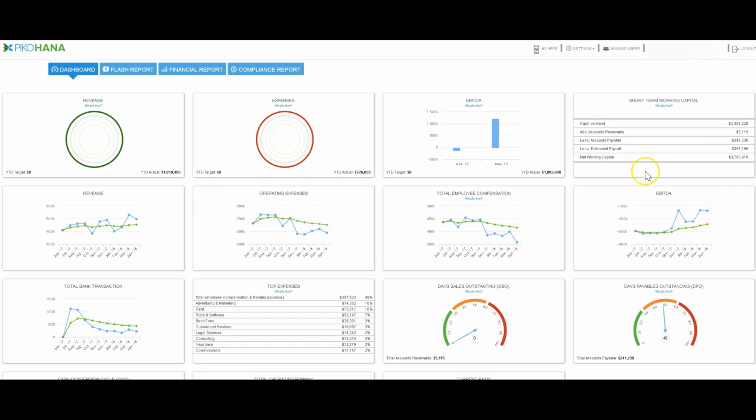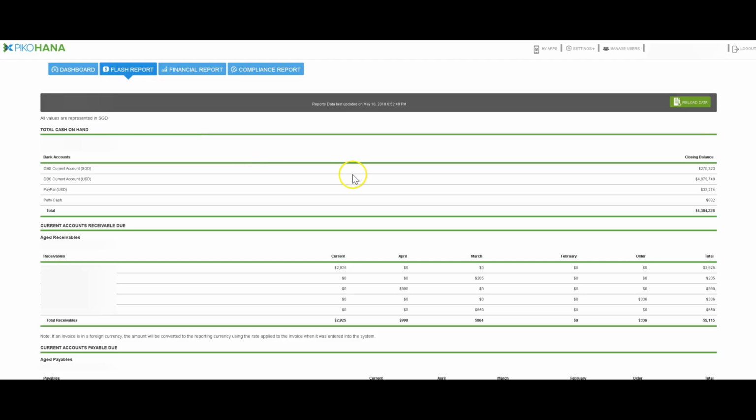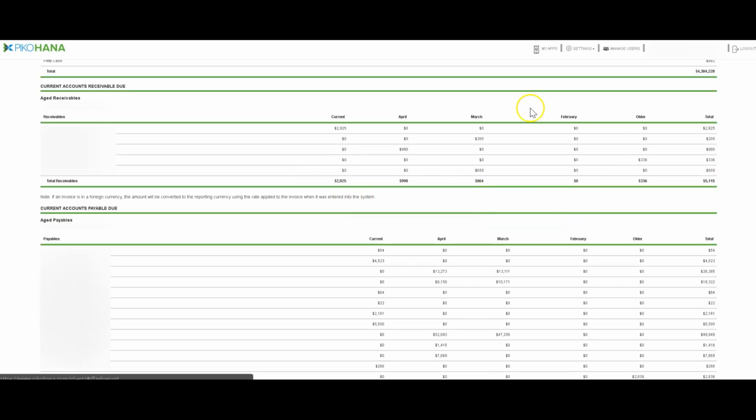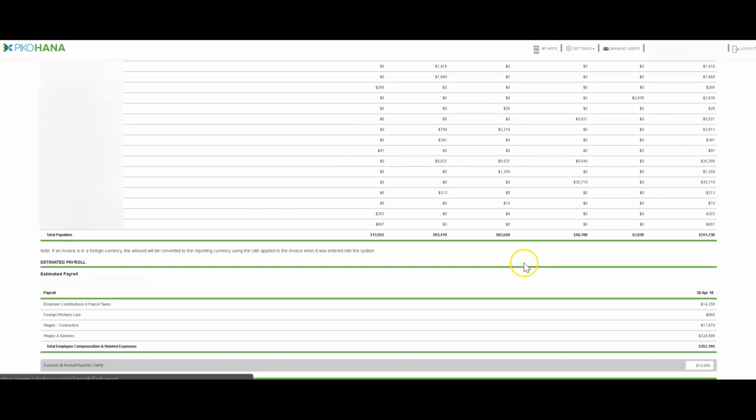Going back to this short-term working capital, this is a summary of the flash report. So in this client's case, they have a healthy cash balance, very little AR because this is a software as a service client. They collect their client billings or their invoicing usually by hitting their credit card, and then you have your payables.